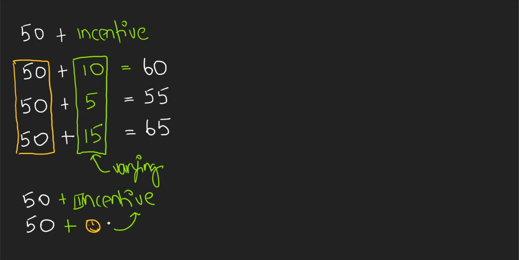All I needed was a symbol to represent the incentive that he receives. So let's go back to something more intuitive, where I'm going to use I as the value. So 50 plus I is an expression that will help me to work out how much the boy will receive.